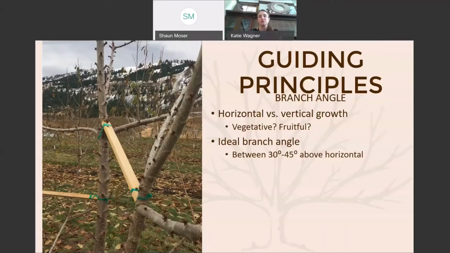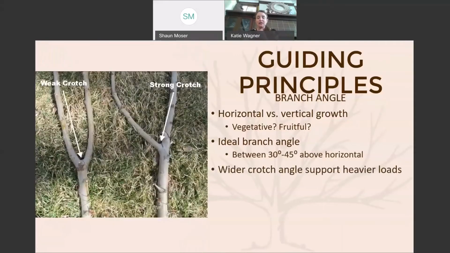Okay, this is a technique for trying to train larger branches. Ideally, we would want to train the branches when they're younger, though, and I'm going to show you a couple techniques for that as well.